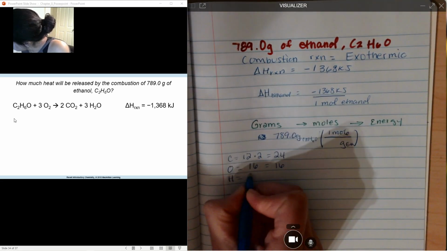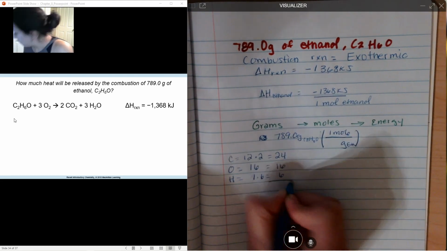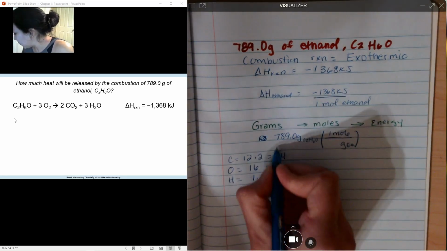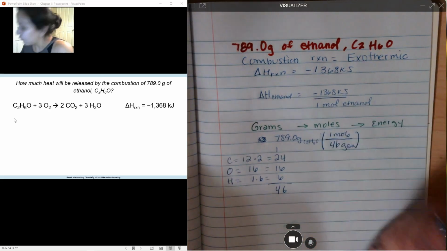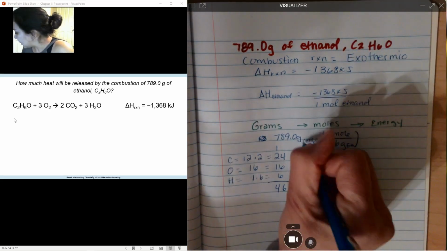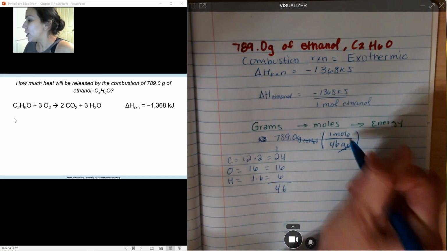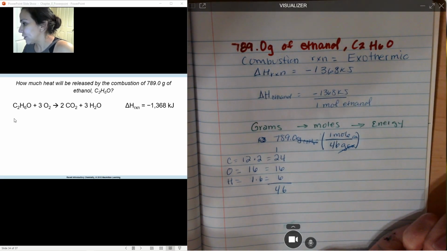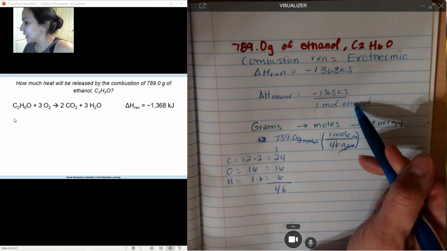And hydrogen is about 1, and there are 6 of those, so that is 6. If we add all of those together, that is 46 grams. This allows grams of ethanol to cancel out with grams of ethanol, and we're left with 1 mole of ethanol. We don't want moles of ethanol, and that's wonderful, because that's what we're going to use to cancel this out.